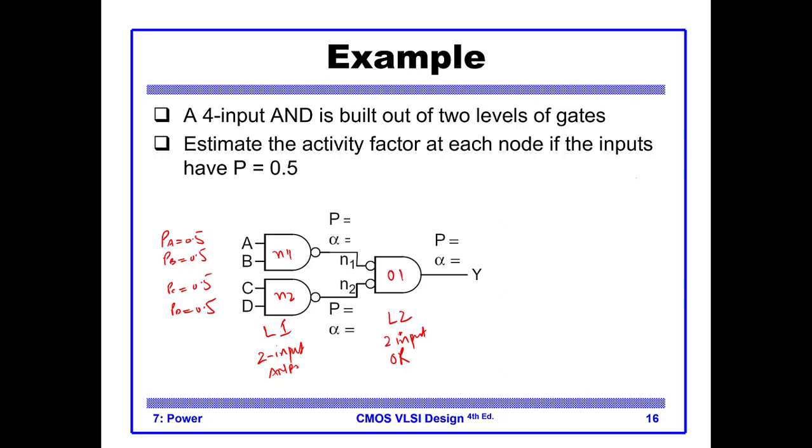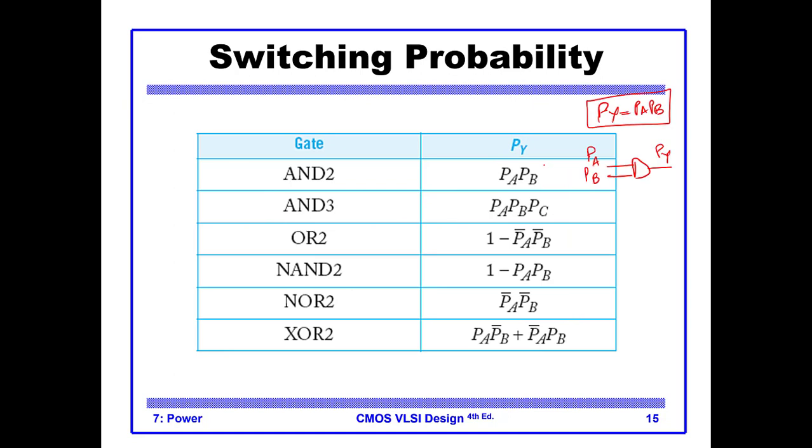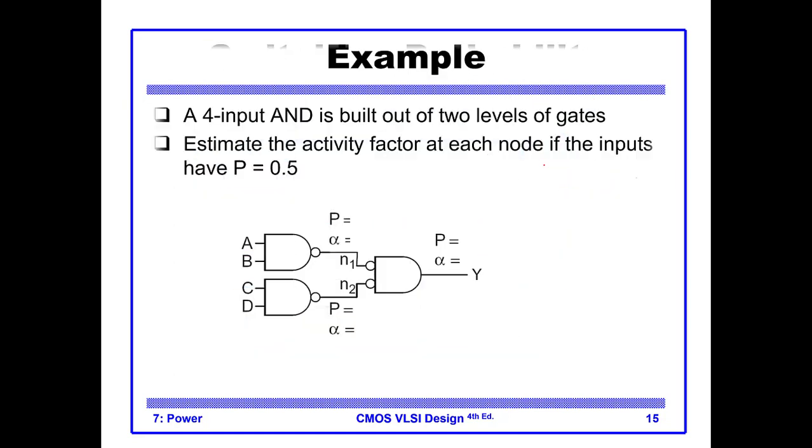So let's calculate the probability that the output of NAND 1 is 1. If we go back to the table, for NAND it is 1 minus Pa Pb.